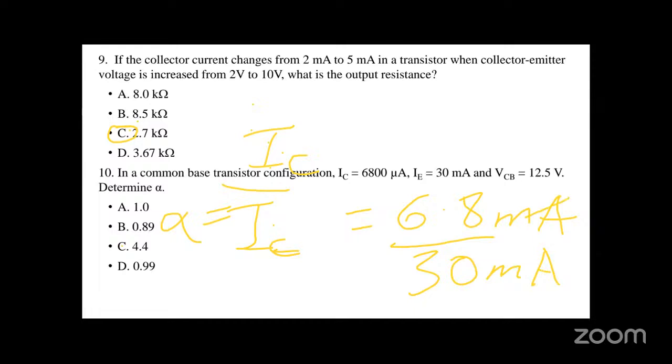So the unit will cancel. This will give us 0.02. So the answers here are wrong. The correct answer should be 0.02.